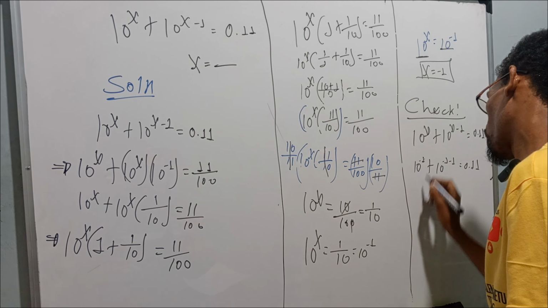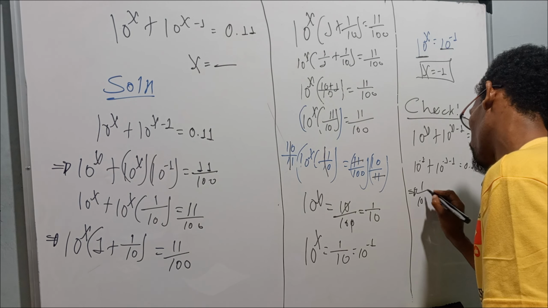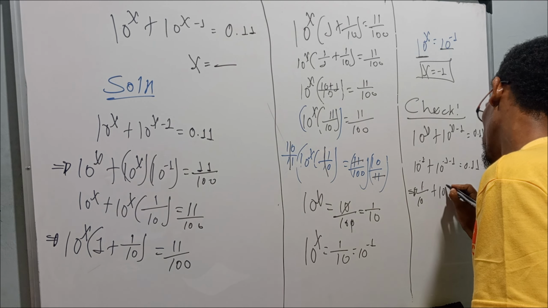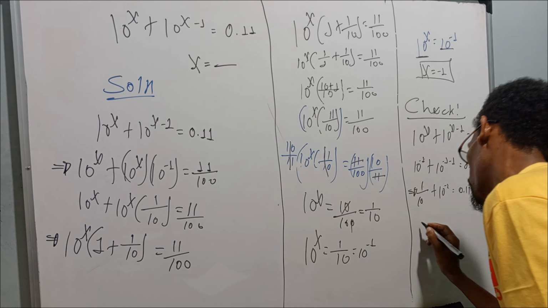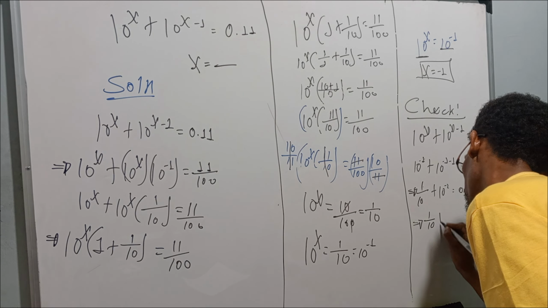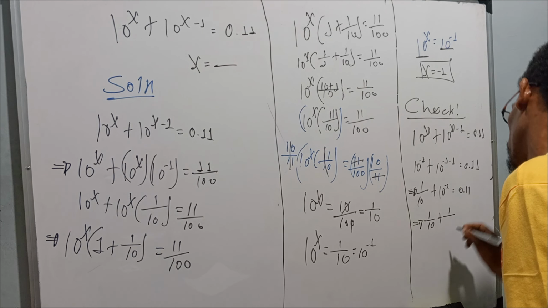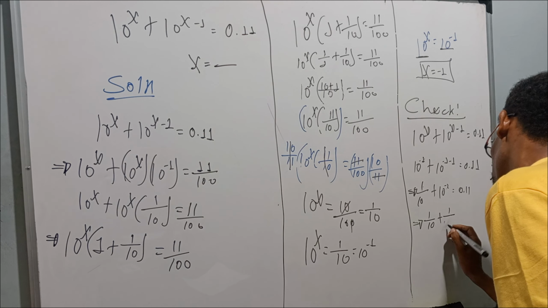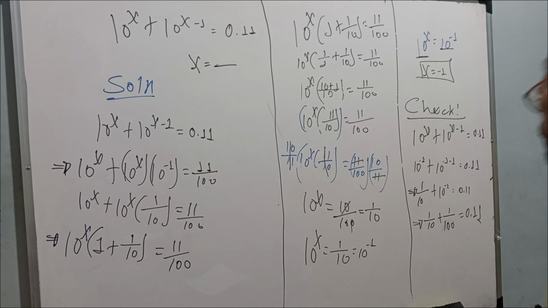So 10 to the power of minus 1 is equal to 1 over 10 to the power of 1, that means 1 over 10, plus 1 over 10 to the power of 2, which is expressed as 10 squared, that means 100, which is equal to 0.11.